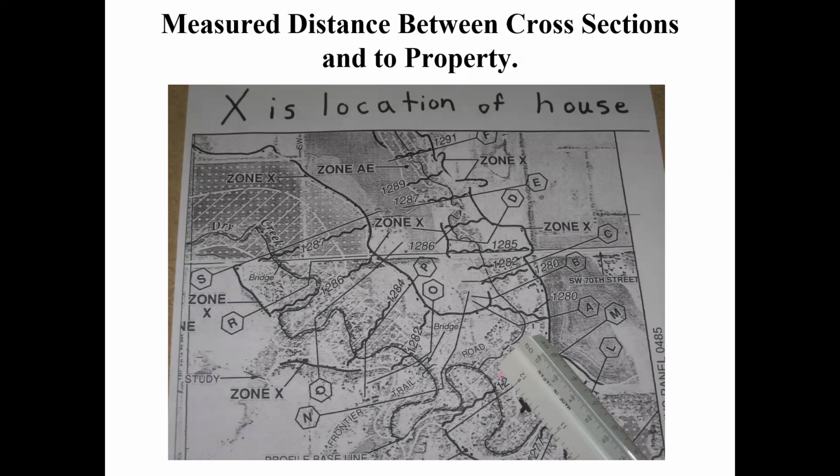So we have L and M cross sections. So that's what we know. So we know to go to this particular flood profile in the flood insurance study for this particular stream, and then we're going to look at cross sections L and M. And then how far downstream is our location from the upstream cross section?